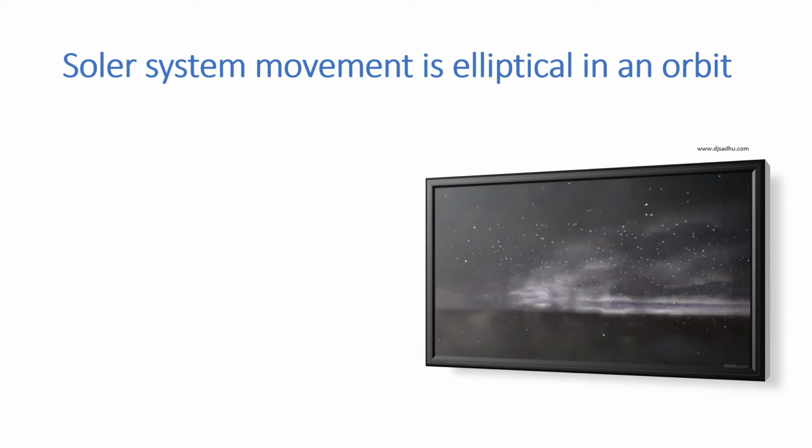The solar system's movement is elliptical and in an orbit, which means that it is proposed that the solar system with its components is moving in space inside the Milky Way galaxy in an orbit, and this orbit has been measured to take between 225 and 250 million years for the solar system to complete one orbit.